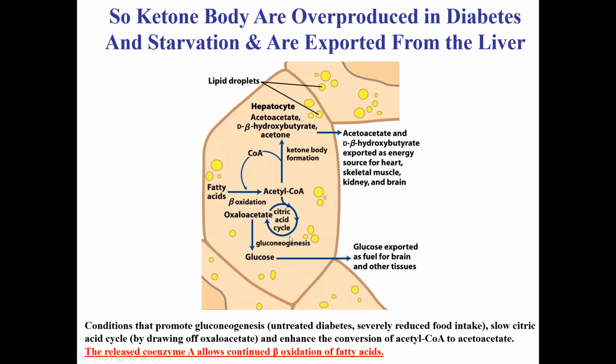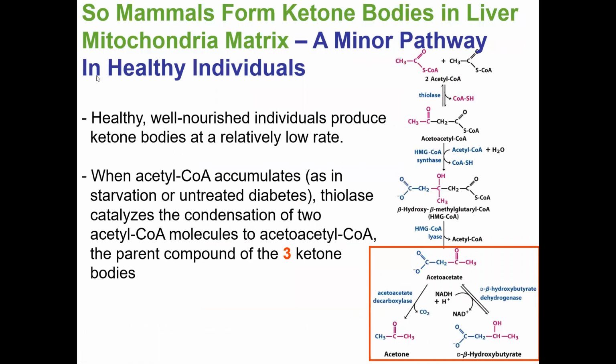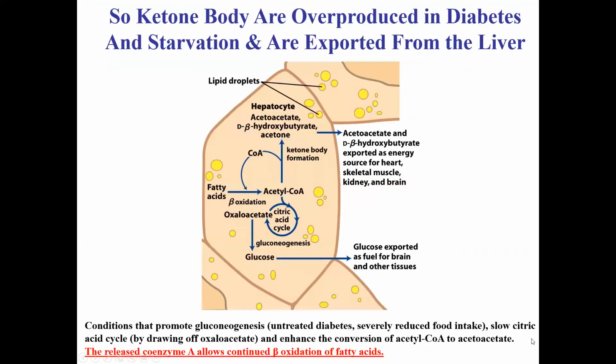Your citric acid cycle is not running efficiently, therefore acetyl CoA concentration is going up and up and up. When that is happening, your liver will utilize these sets of reactions catalyzed by thiolase, HMG-CoA synthase, HMG-CoA lyase, and will make ketone bodies, which would be acetoacetate and beta-hydroxybutyrate.